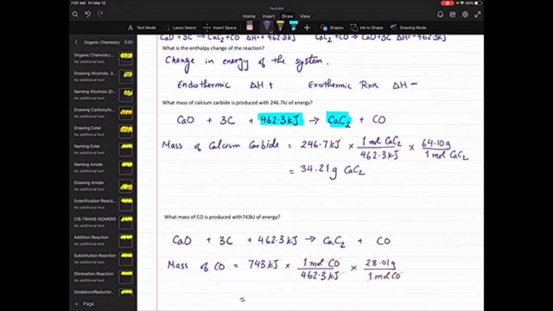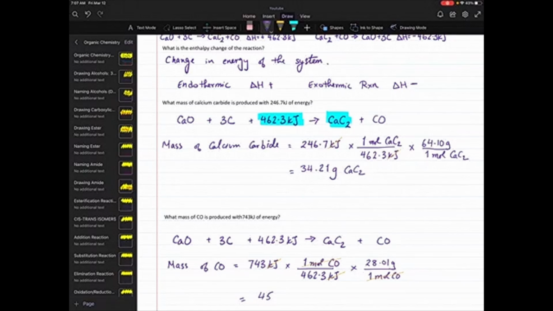So now we can go ahead and use our calculator to plug all the values in. So 743 divided by 462.3 times 28.01, and that gives us an answer of 45.01715336.